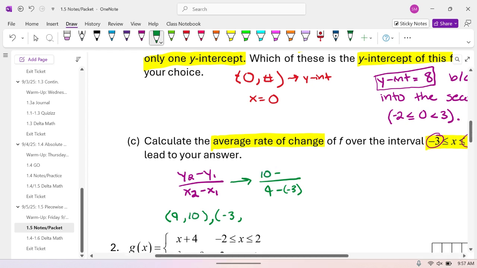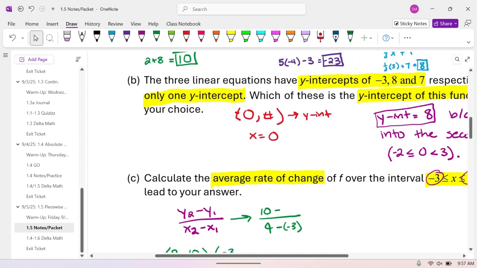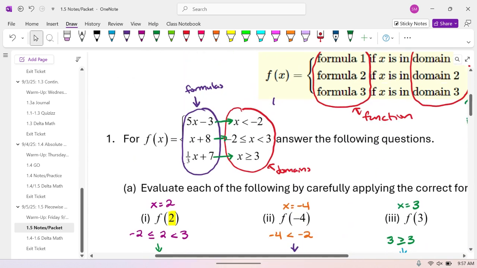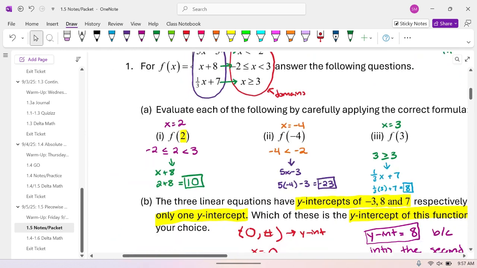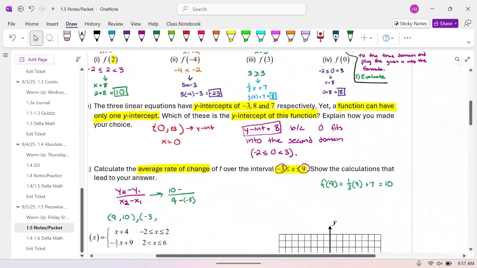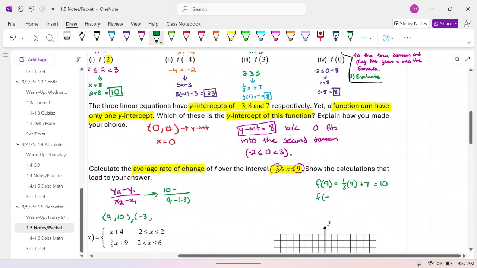Now we need to find where -3 fits. So going back to my domain, which of my domains, if I plug in -3 for x, would be true? The first one, -3 is less than -2, so I'm using that first function to find the corresponding y. So I'm going to find f of -3.